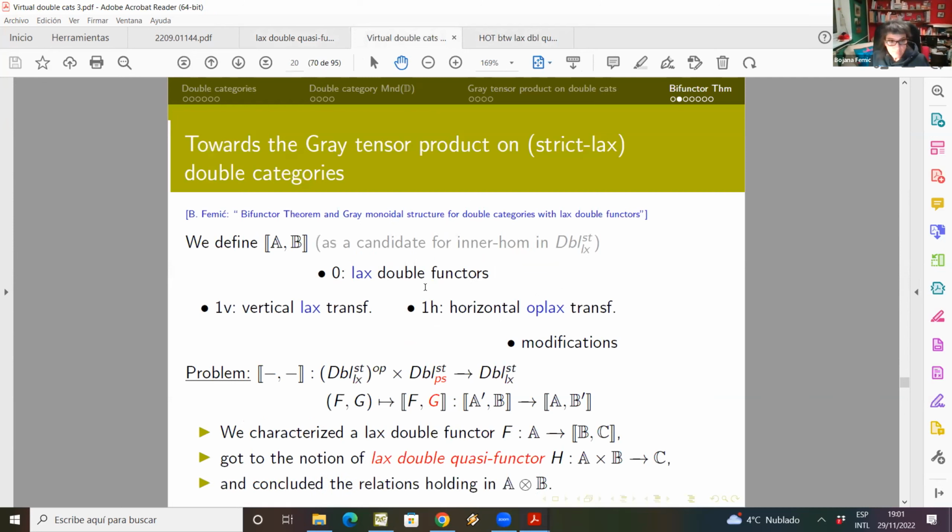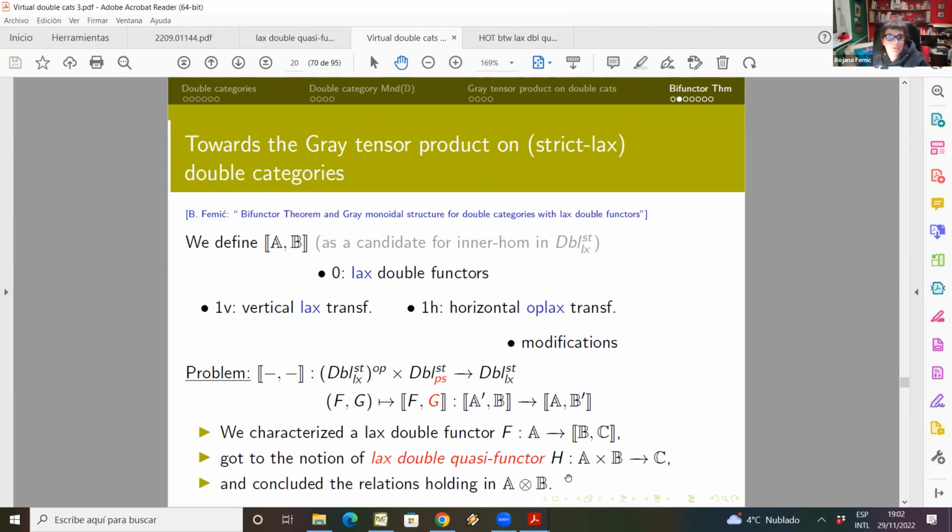Okay. And then having these relations, that I show now, one can define this kind of product. Well, I really don't know if it makes any sense to define it, because how Gray proved that this thing for two-categories is a monoidal product, I could not understand completely.